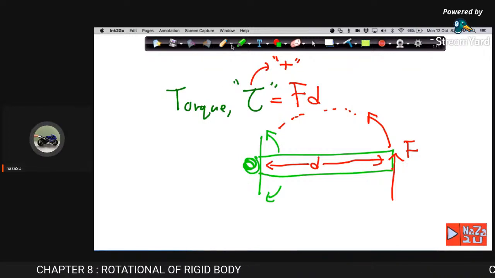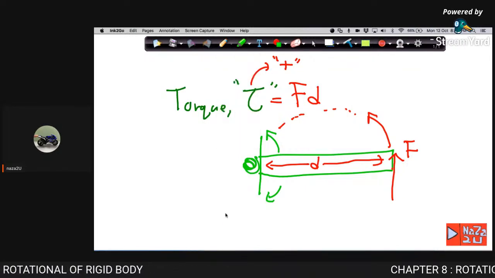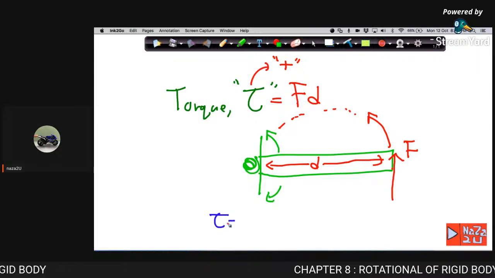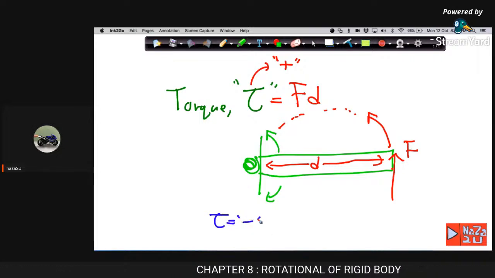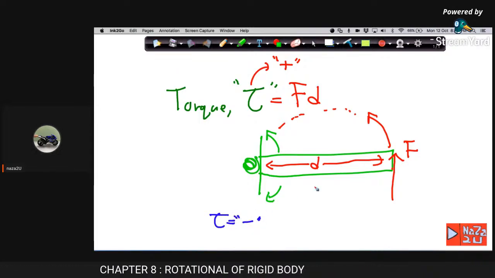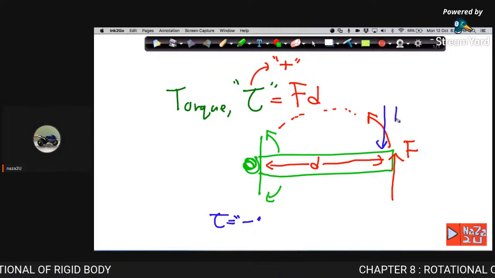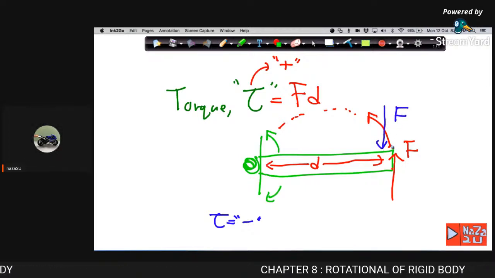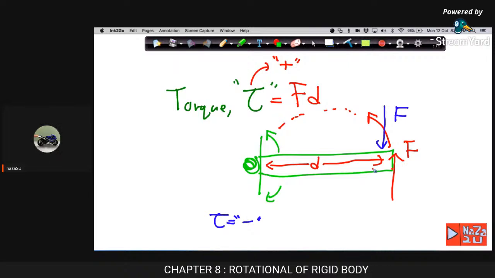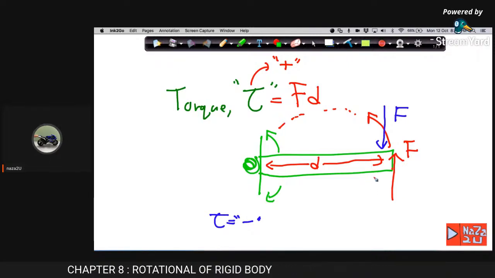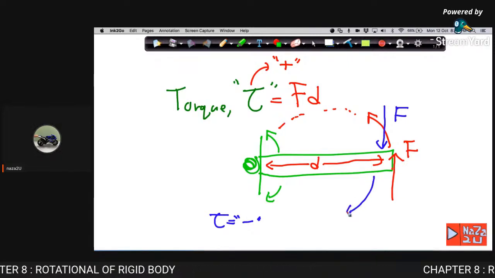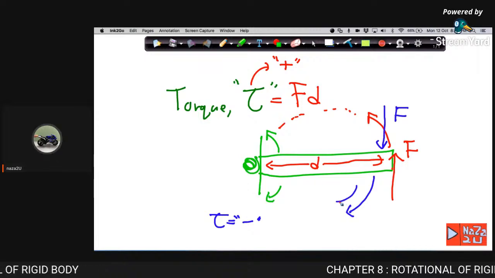But if the torque is negative, what is the meaning? It means you have an opposite, downward external force pushing the meter rule downward, and the meter rule starts moving or rotating clockwise.